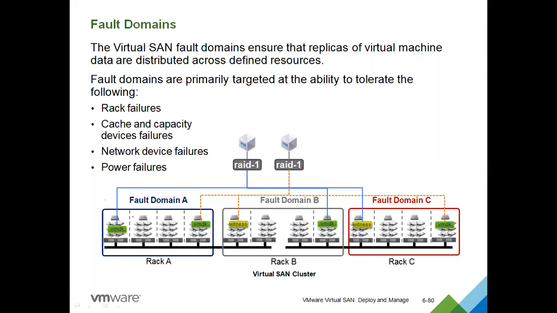Boss, if this complete rack fails, my data should still be safe. That's also possible. How? First of all, physically you place your ESXi hosts in separate racks: rack 1, rack 2, and rack 3, right?